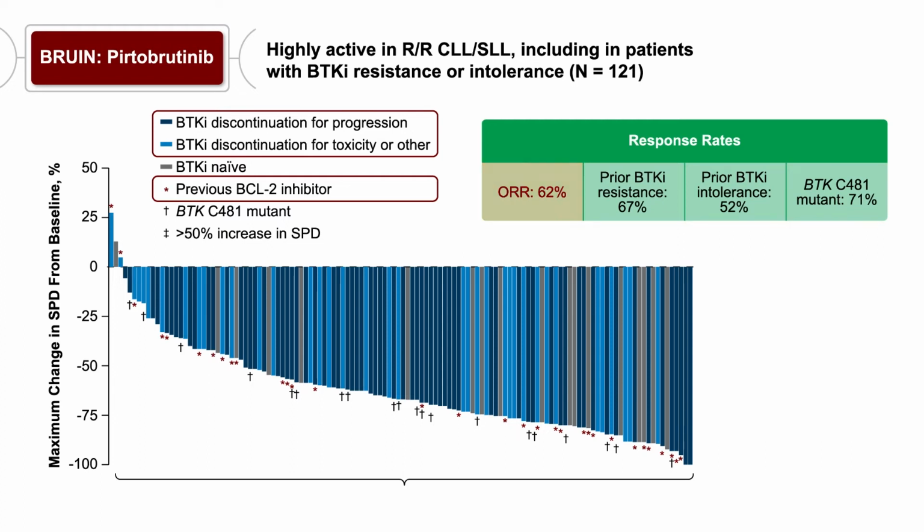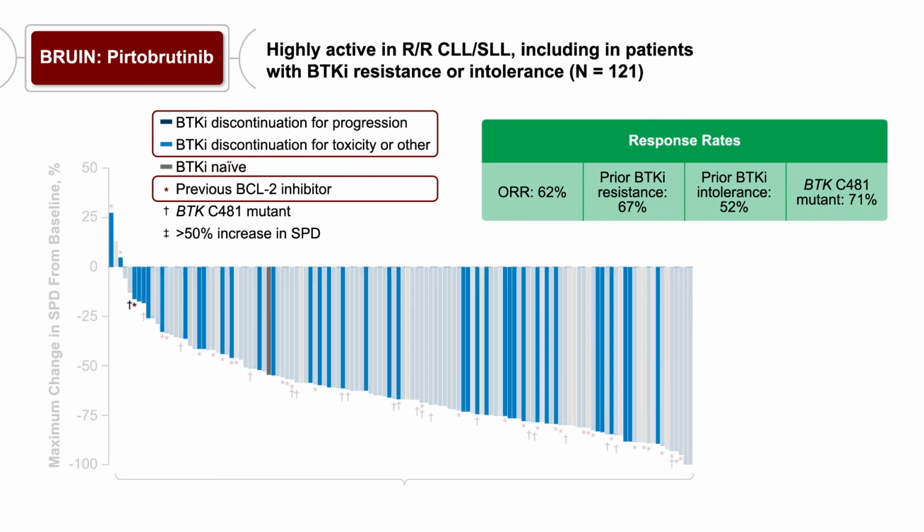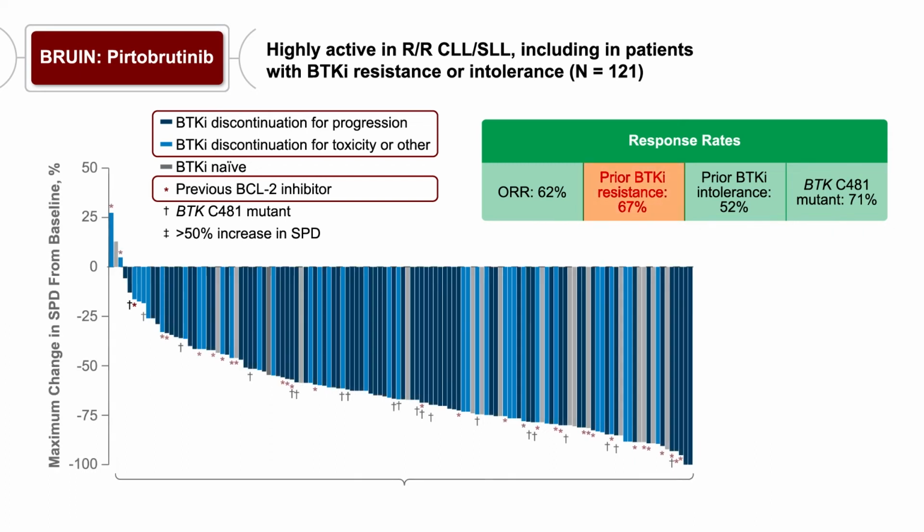The dark blue lines represent patients who had prior BTK discontinuation for progression. The lighter blue had BTK discontinuation for toxicity or for other reasons, which actually represented the majority of patients on this trial. Even if you had resistance to a BTK inhibitor, your overall response rate was 67%. If you had prior BTK intolerance, your overall response rate was 52%.